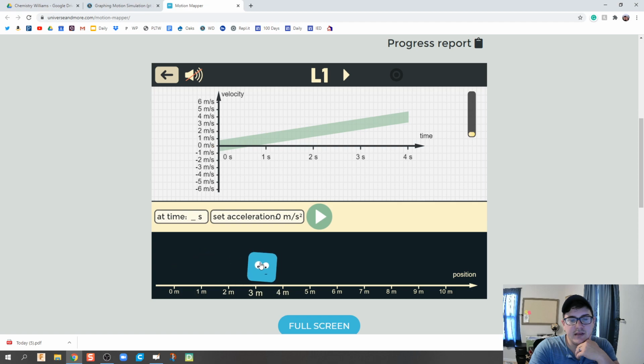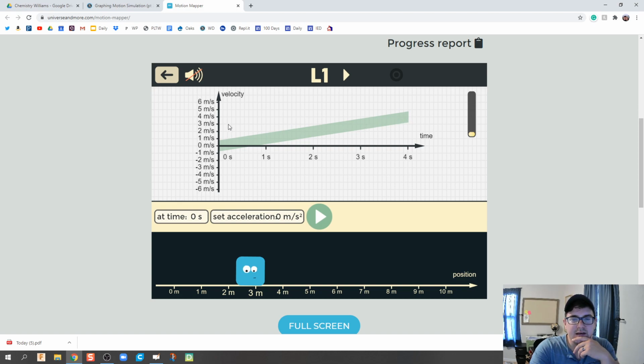So at the very beginning, we have to look at, okay, what is his velocity at the beginning? That's 0. So time equals 0 seconds. If I give him 0 velocity, something's not quite right. So what is it? As time goes on, his velocity is going to increase. He's going to speed up.